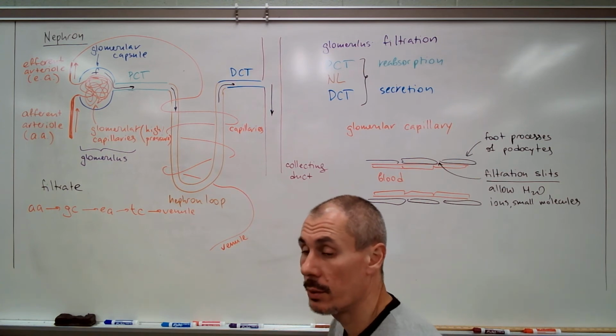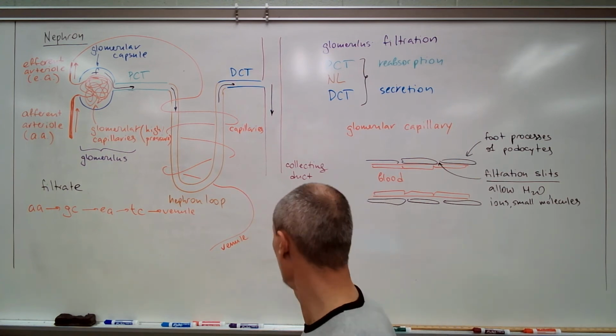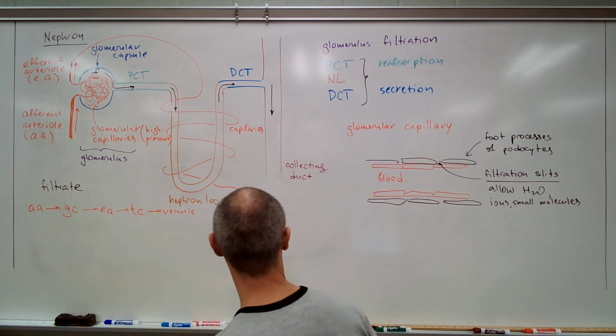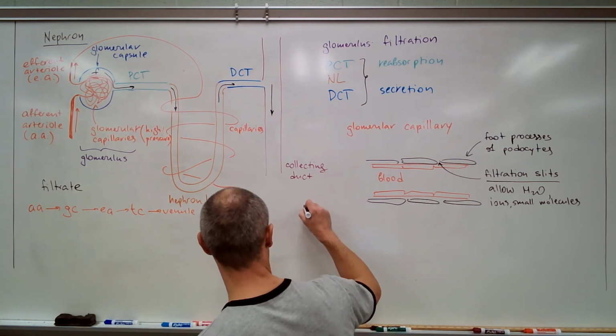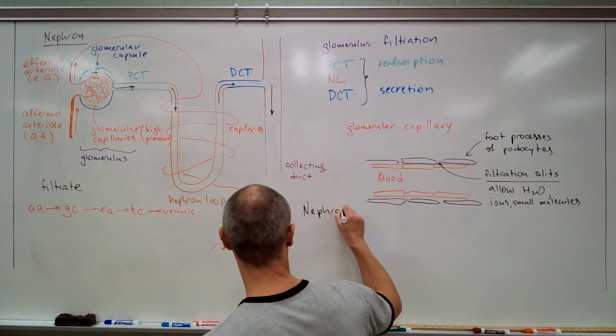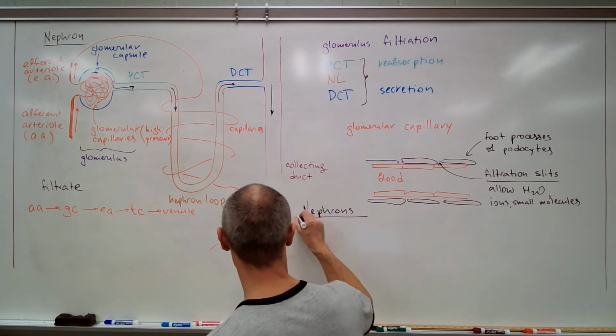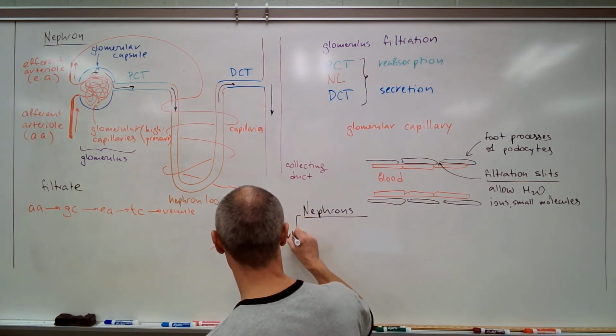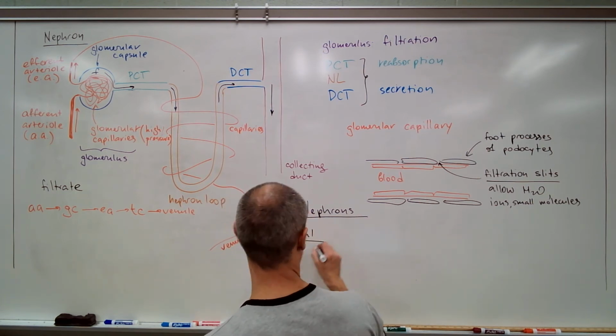Now, there are two different types of nephrons, big types of nephrons. We're going to talk about these types and then we're going to start talking about something else. Nephrons can be cortical. Look at this.